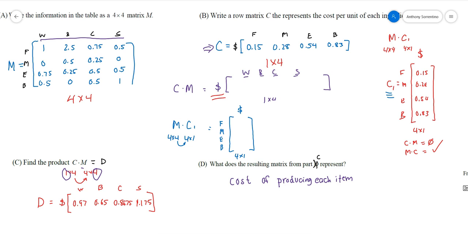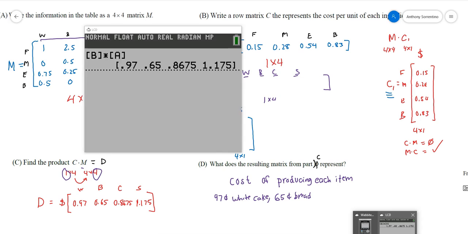I know it's the cost of producing each item, and so that's going to be 97 cents for white cake, 65 cents for bread. 65 cents? I'll double check the number. Yeah.